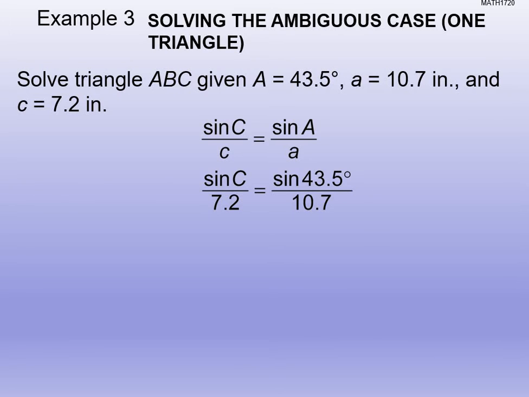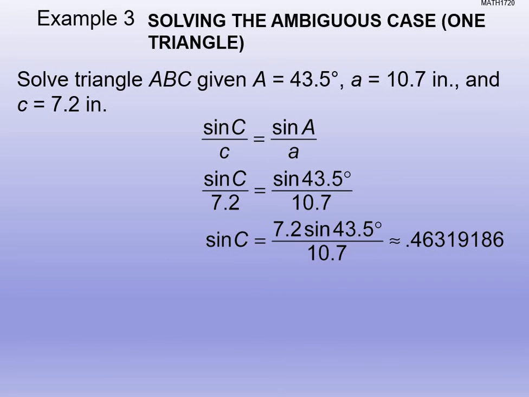So we're going to substitute in the given values that we have. We're going to multiply both sides by 7.2 and make sure that you get this in your calculator. Now remember that 0.46319186 number is not the angle. That's just saying that sine of C is 0.4631.